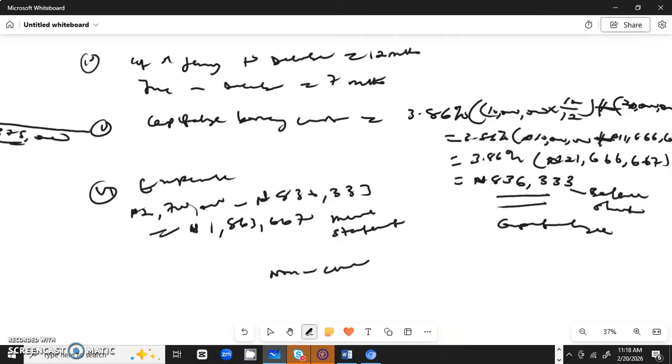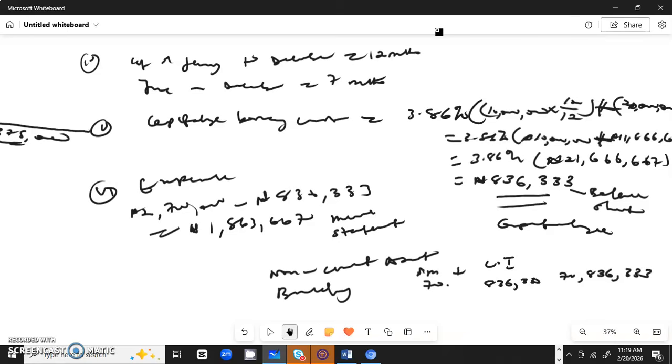Under our non-current assets, we have building, which is the initial loan cost of 70 million naira, plus the capitalized interest of 836,333, which will now give us a total figure of 70,836,333.